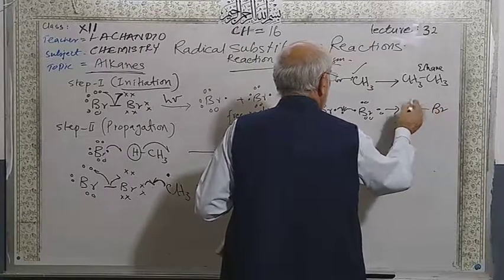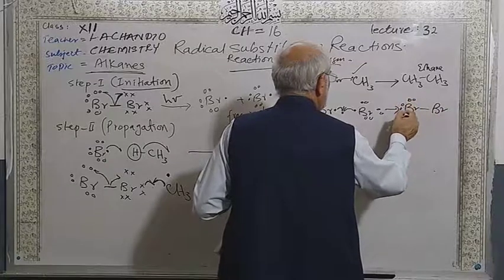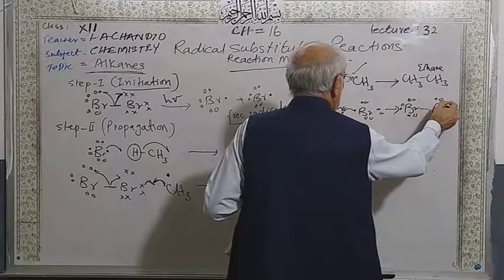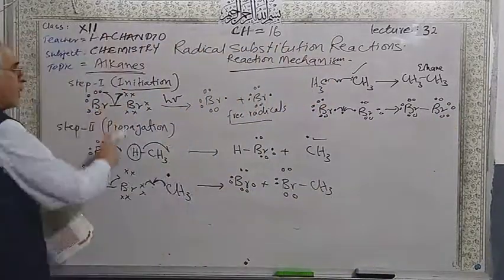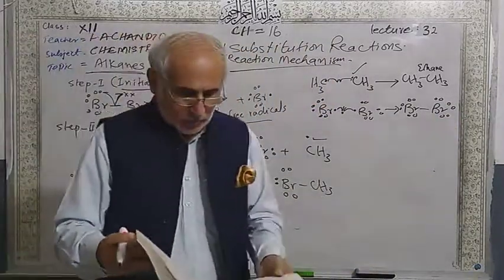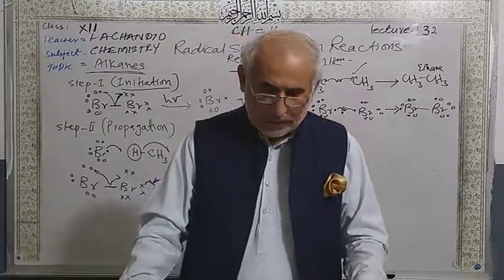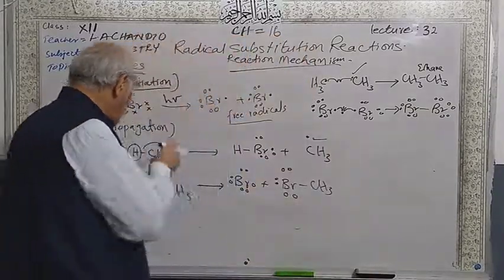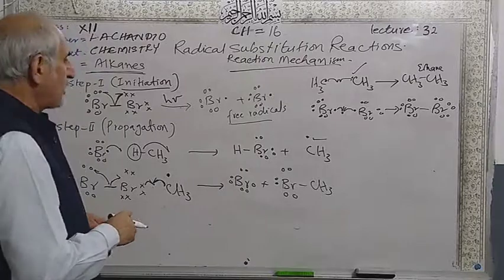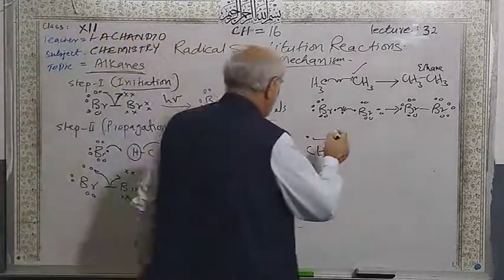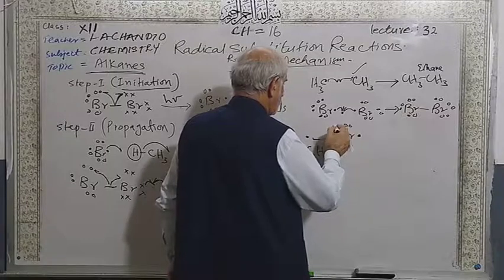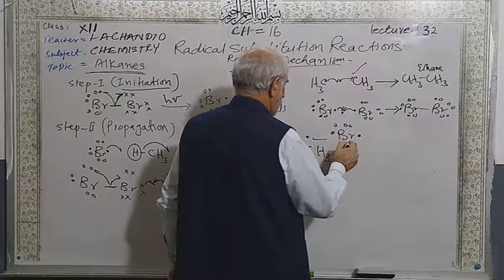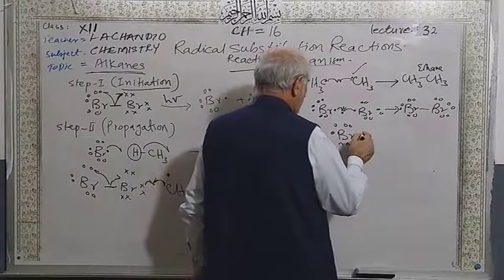They are going to form a molecule, just like ethane was formed. So this is the reverse of the first step. Now the formation of bromine, and also the formation of bromine and methyl, bromine, on the same processes.